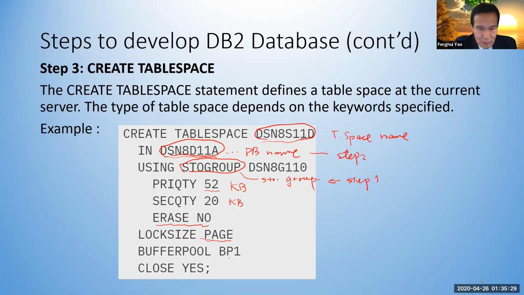Then the buffer pool is BP1, so it associates the table with buffer pool BP1. And then next is CLOSE YES, so the data set can be closed when no one is using the table space. Okay, that's the meaning of those parameters.